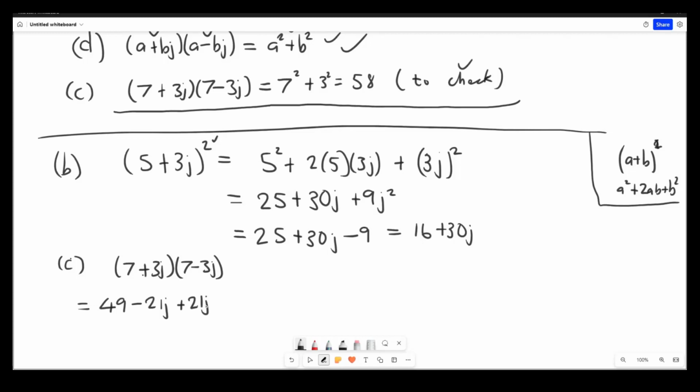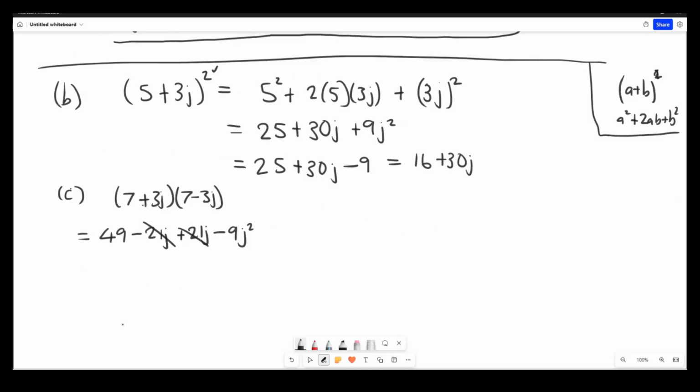Then 3j times minus 3j gives minus 9j squared. There's a cancellation of the middle terms as expected. We have 49. Remember, j squared is minus 1, so we have plus 9. And again, as expected, 58 is our answer.